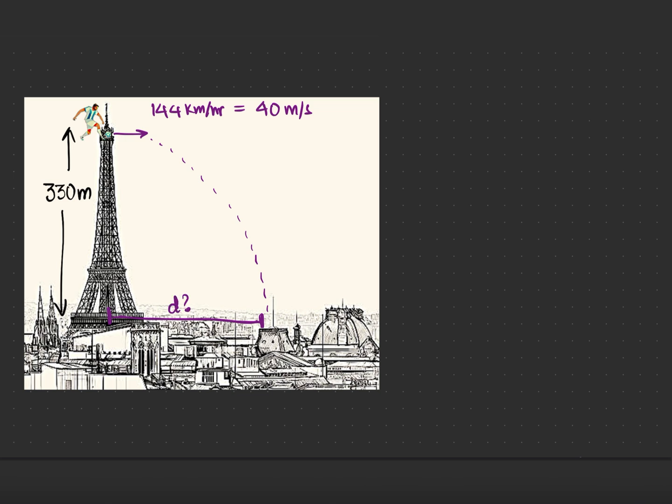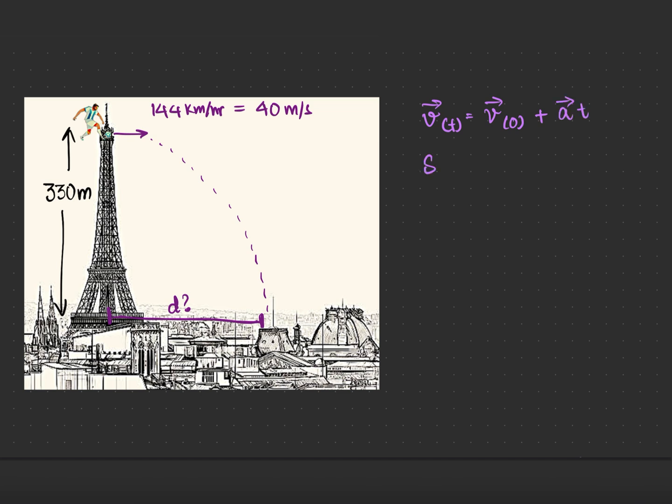So, what do we know? We know the equations of motion. We know the three equations, which I'm going to state here. So, v of t equals v at time 0 plus the acceleration times the time.